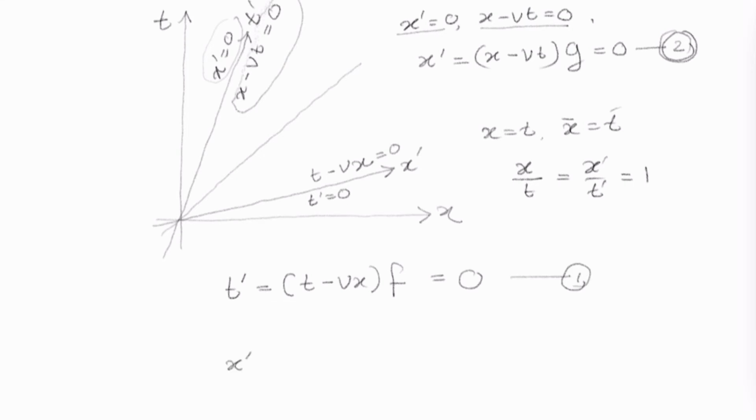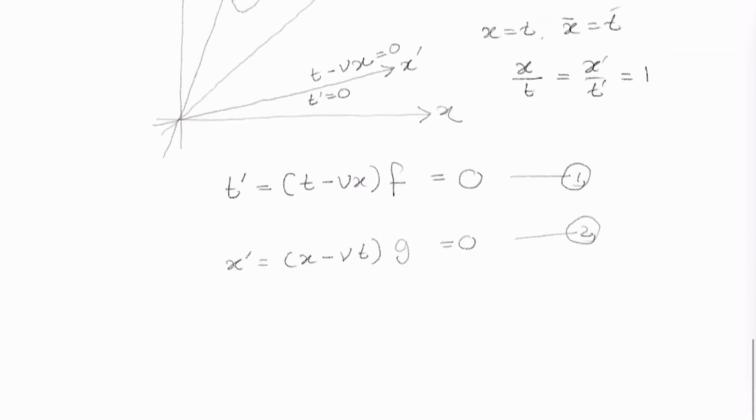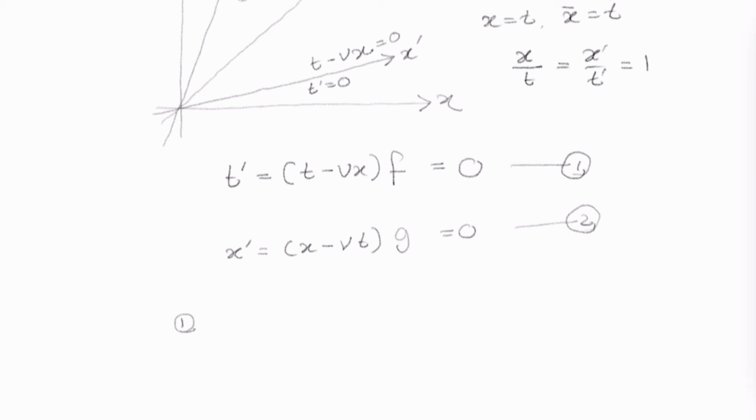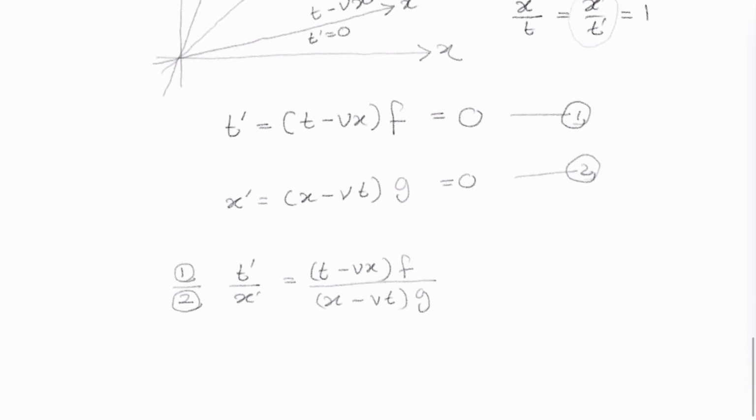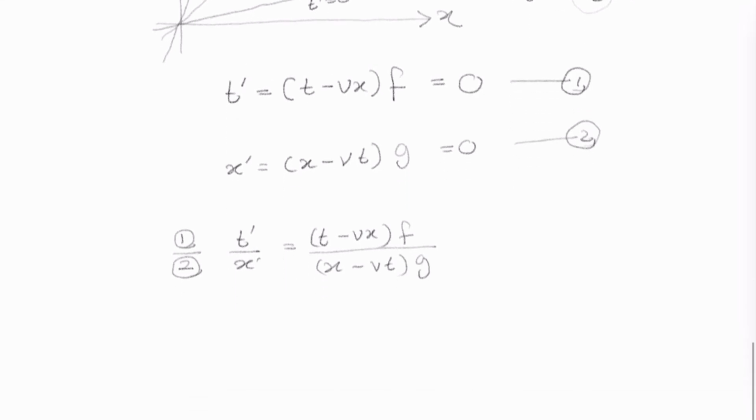Let's divide equation 1 by equation 2. So t bar divided by x bar equals t minus Vx times f divided by x minus Vt times g. When x bar equals t bar and x equals t, let's substitute t with x here.